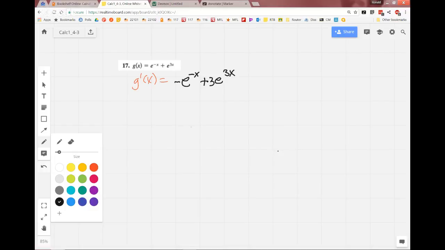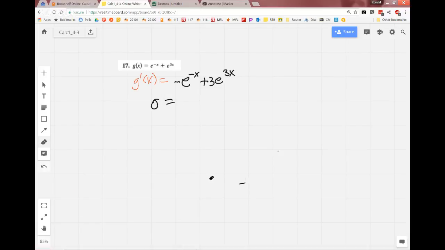And now we could factor out? I don't know. Why don't we do that? We know this is going to be set equal to 0. So let's factor out an e to the x? I guess let's just leave it. I'm going to take this approach here.